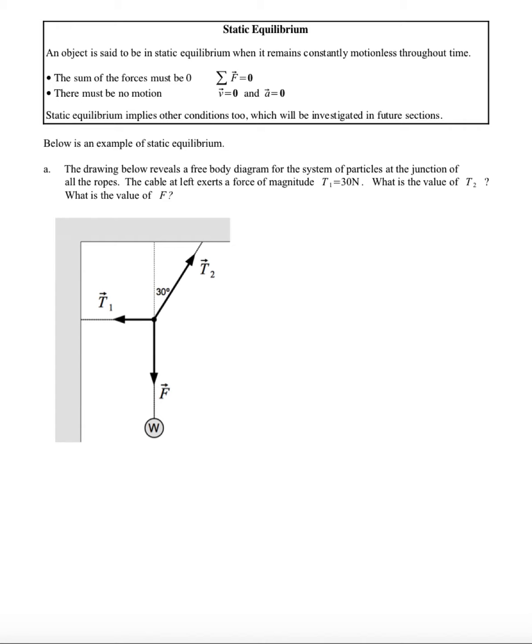Below is an example of static equilibrium. It's a weight hanging from an arrangement of strings. The drawing reveals a free body diagram for the system of particles at the junction of all the ropes. So here we can think about just a tiny piece of the rope junction being the system.